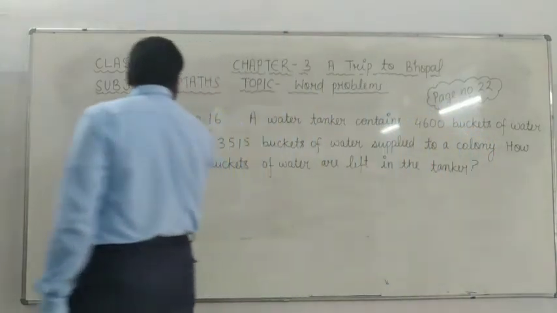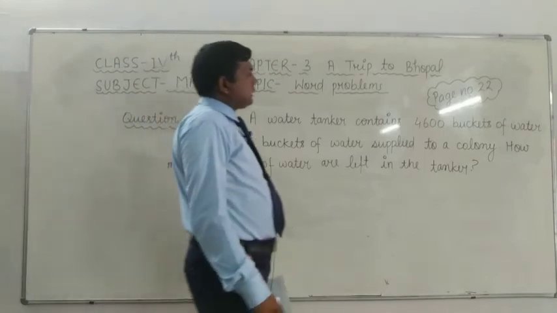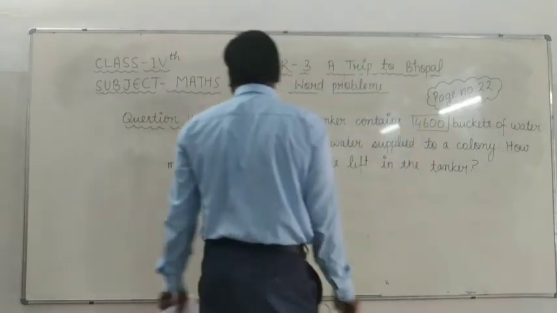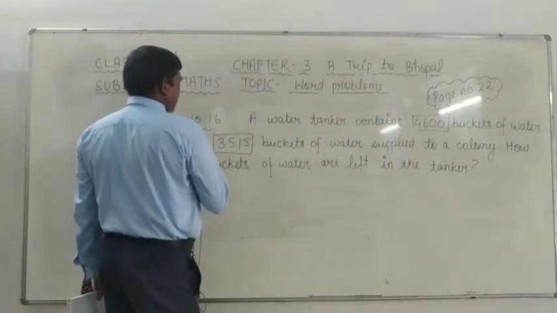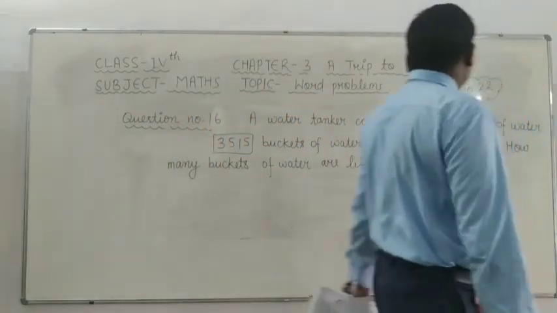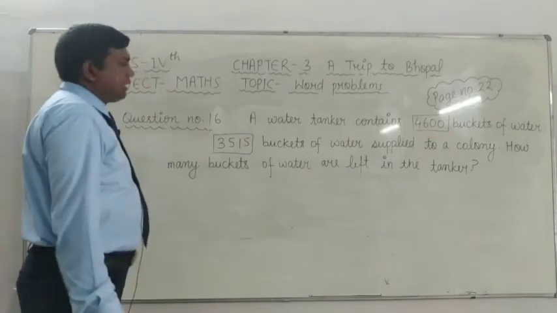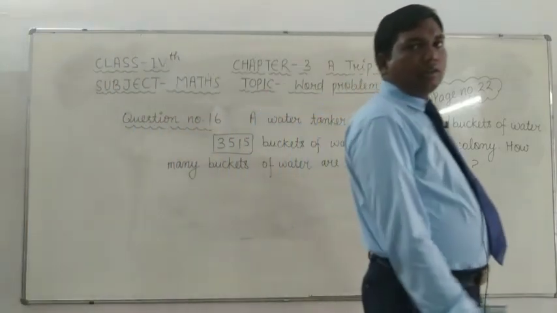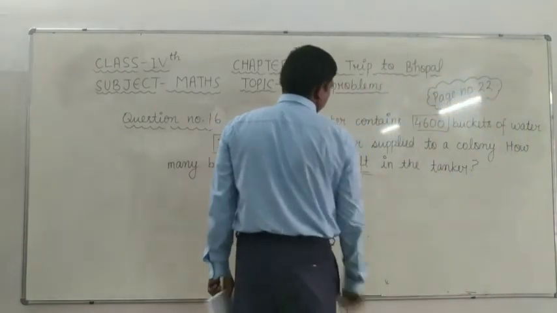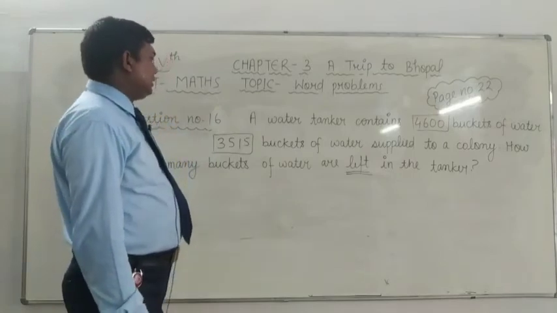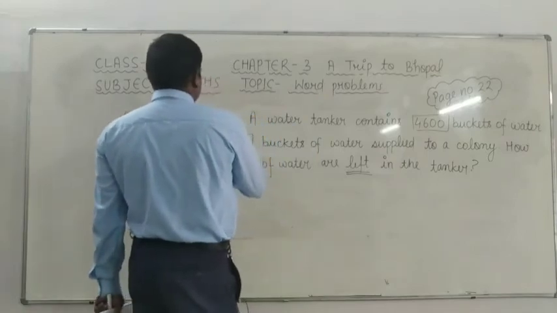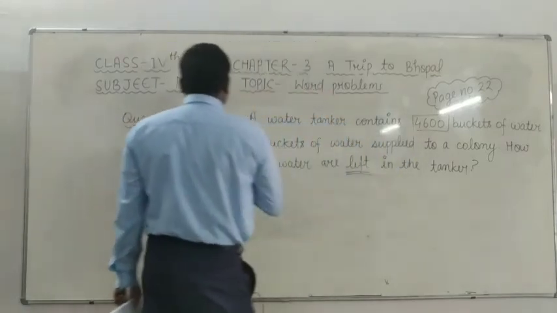Look here carefully. In this question it is given that a water tanker contains 4,600 buckets of water, and 3,515 buckets of water are supplied to a colony. Then how many buckets of water are left in the tanker? Dear students, left means that we have to take the subtraction of this and this.